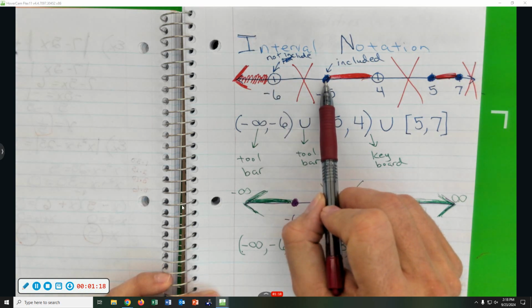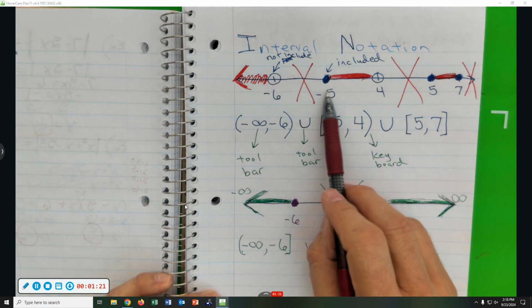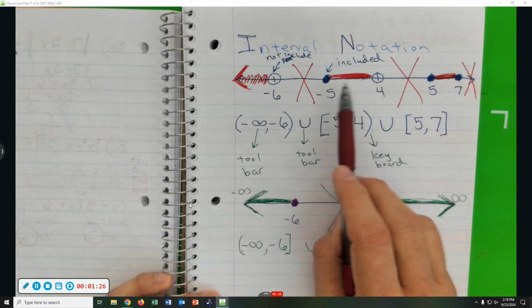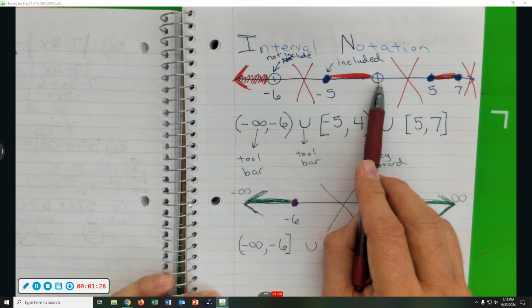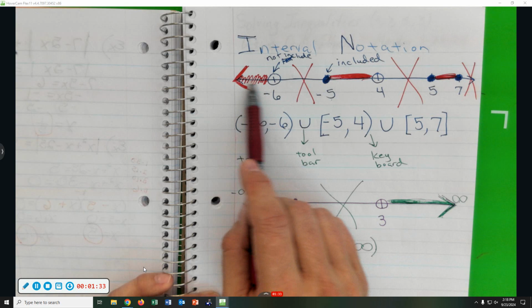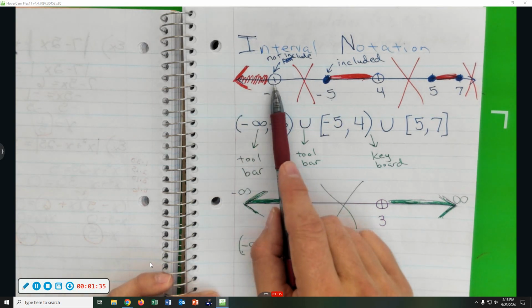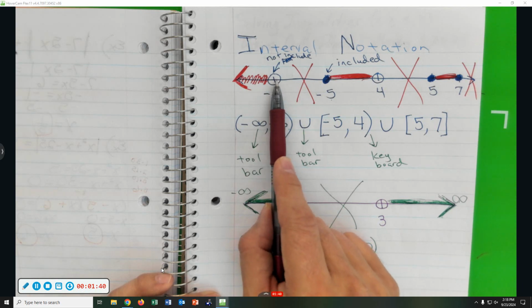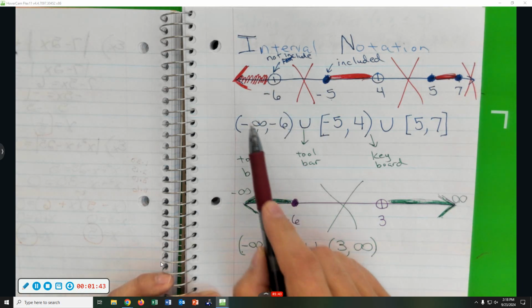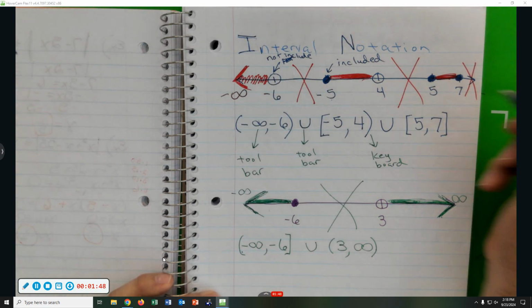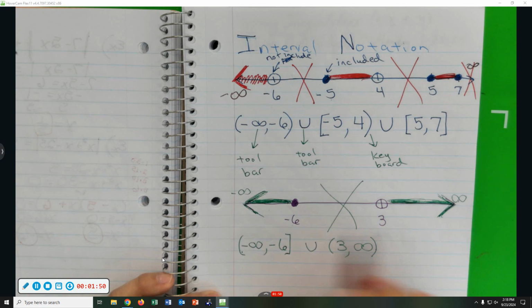The closed circles mean you're including it. Like right here, this shaded region is all numbers between -5 and 4, including -5, but not including 4. This one over here to the left of -6, it's all numbers to the left of -6, not including -6. And these endpoints we label with infinity symbols, a negative infinity and a positive infinity, right down here.